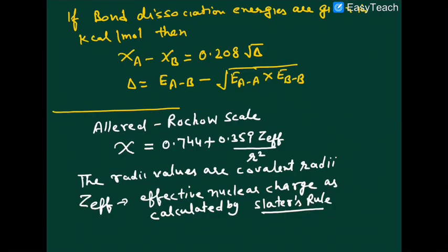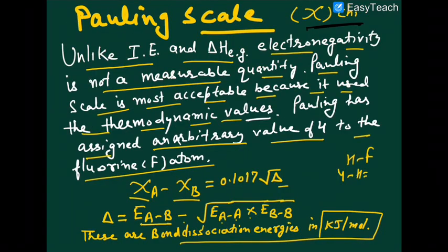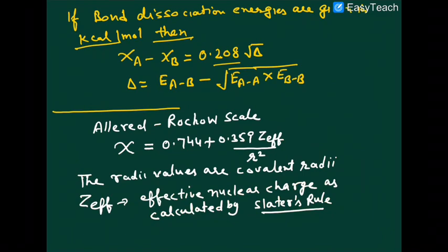Now, if the values are given in kilocalorie per mole, then in place of 0.1017 you will get 0.208. Look at the difference. The only difference is that there the values are given in kilojoule, here the values are given in kilocalories. Nothing else is different. Okay.